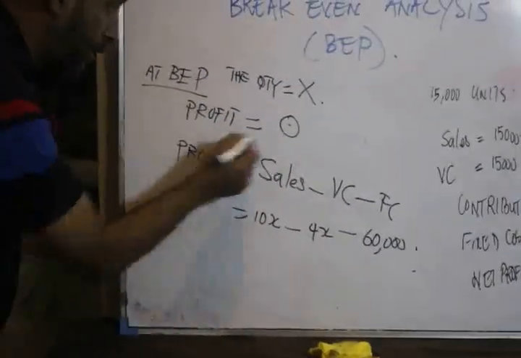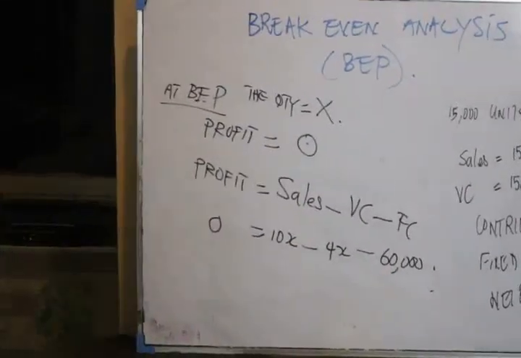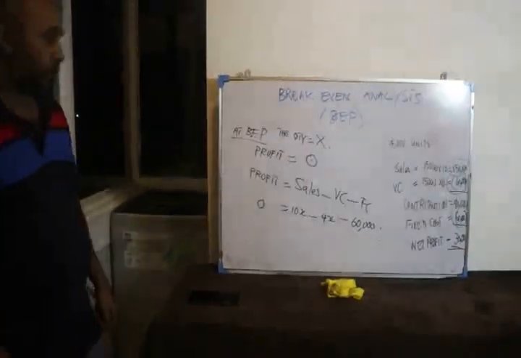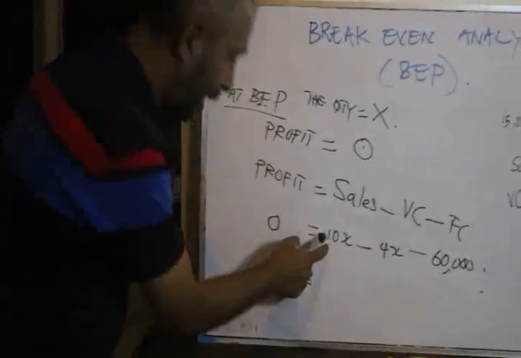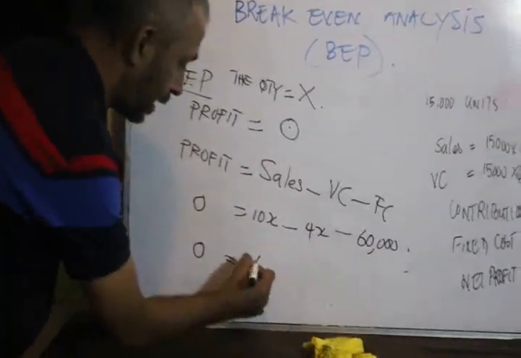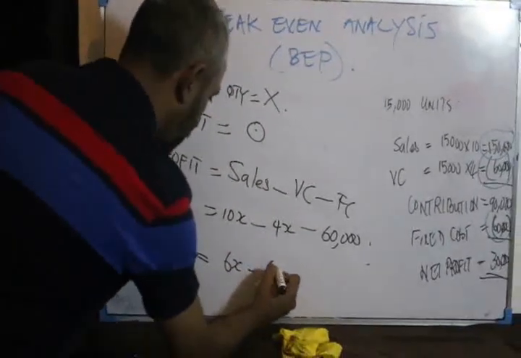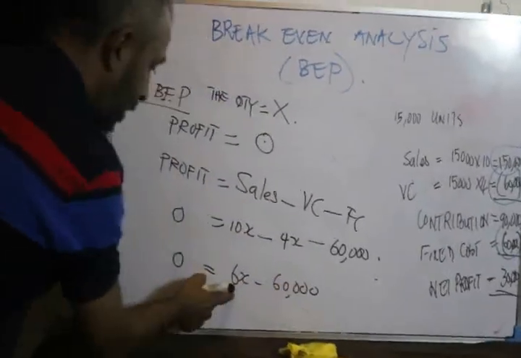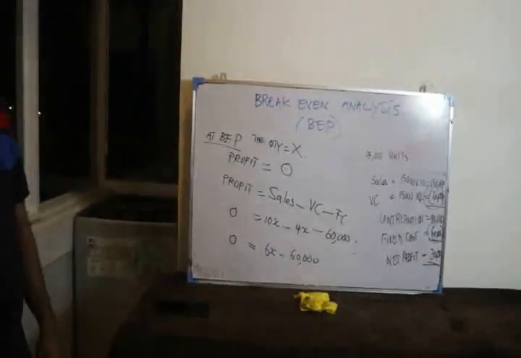And we know that at break-even point profit is 0, therefore this must be 0. So when this is 0, 10x minus 4x, basic mathematics, is 6x minus 60,000. Again 6x minus 60,000 is equal to 0.